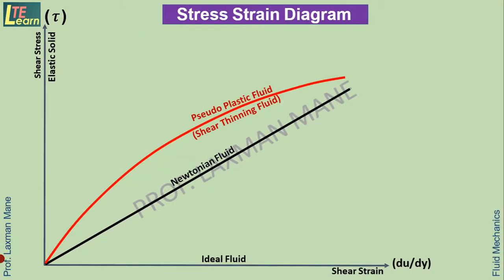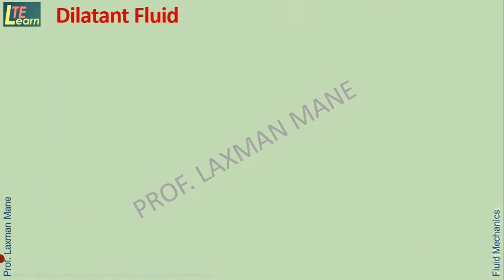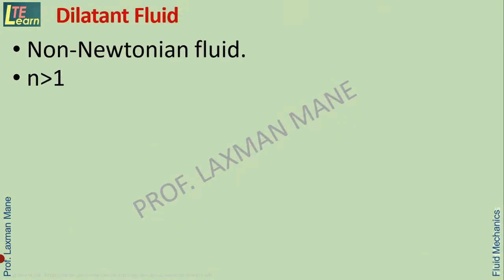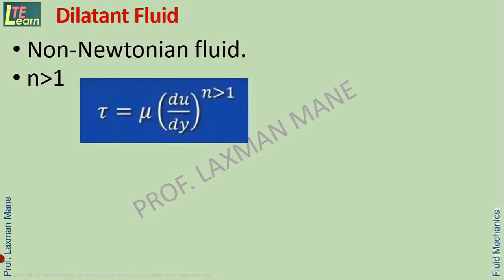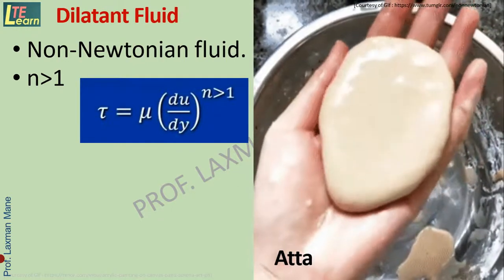Other fluids show the opposite effect and are called shear thickening fluids or dilatant fluids. Here the value of n is greater than 1. So this is the formula for this. The example is atta.